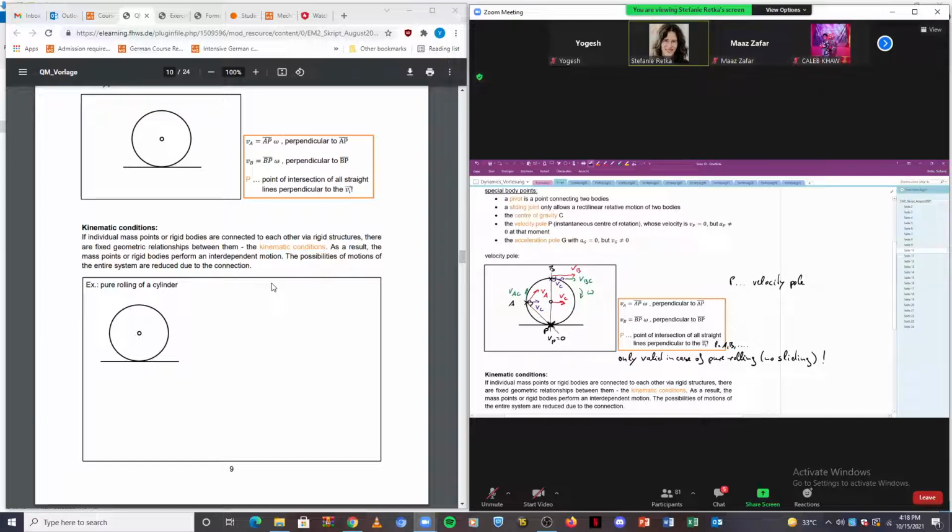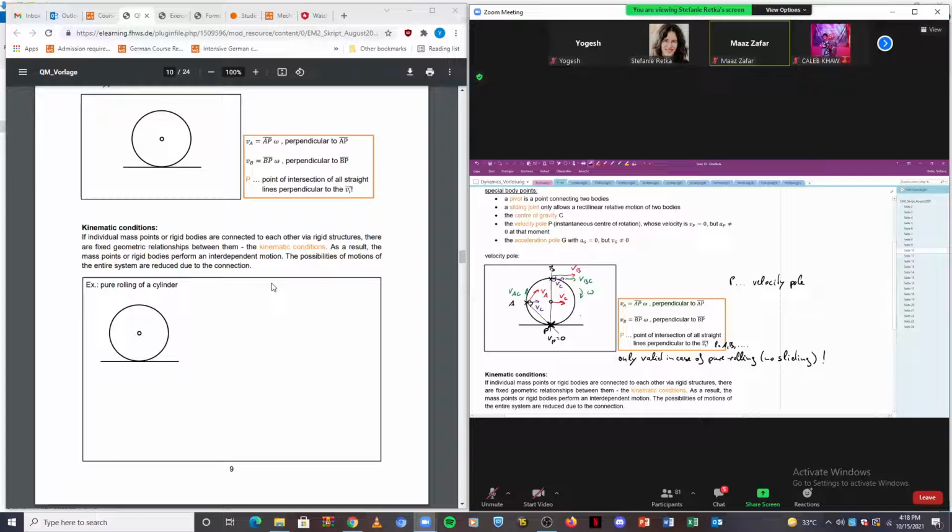Down here, the contact between object and surface. Okay, so it's the cross section of both of these lines, for example. It's the intersection of these 2 lines that are perpendicular to our vectors VA and VB.